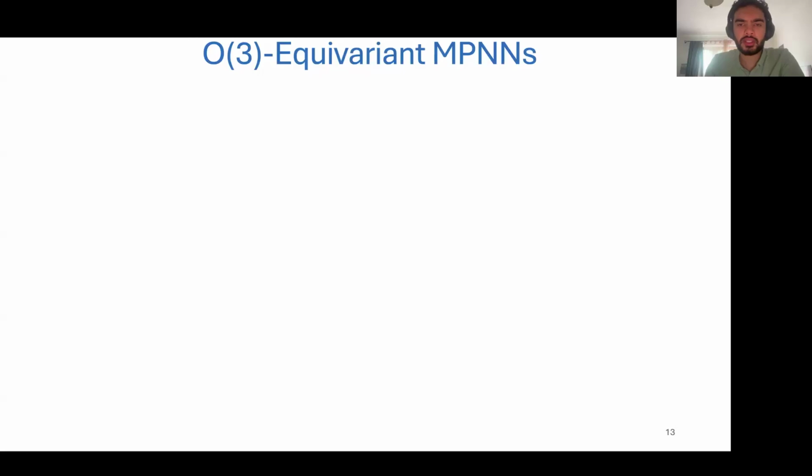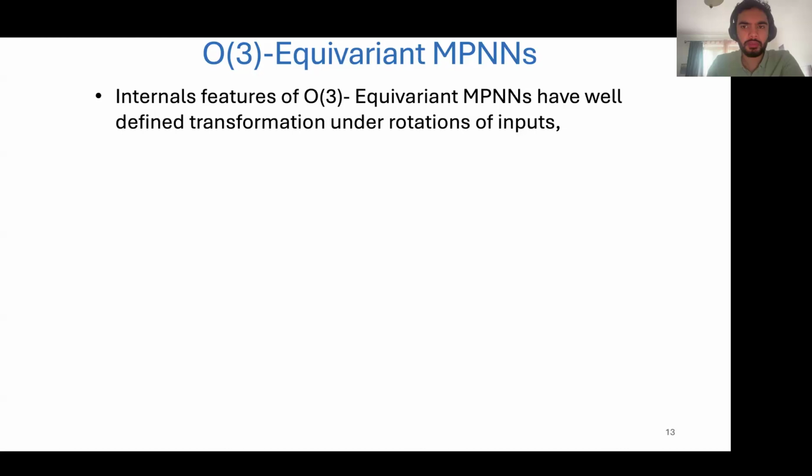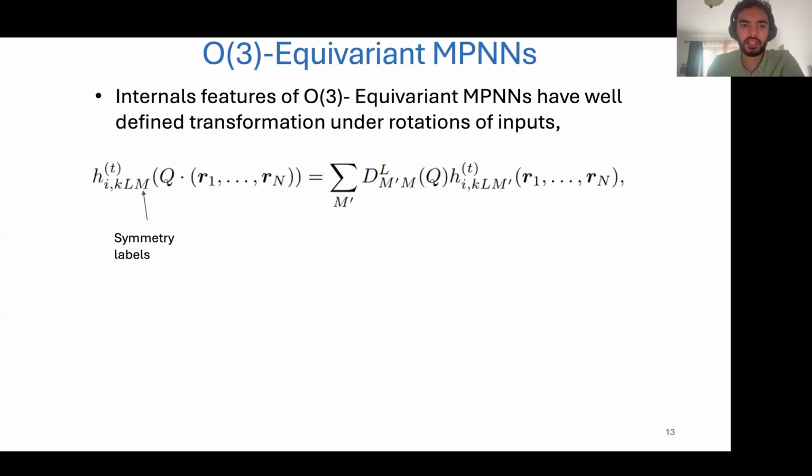And one extra subtlety is that MACE is an equivariant MPNN to the O3 group, which means that the internal features of the neural network have a defined transformation under rotation. So if you take a rotation Q and rotate your input, so your molecule, and then you look at the internal features of the model, they will not change randomly based on the rotation that you do. They will change in a linear way, actually, given by these Wigner D matrices, which are the irreducible representations of the O3 group.